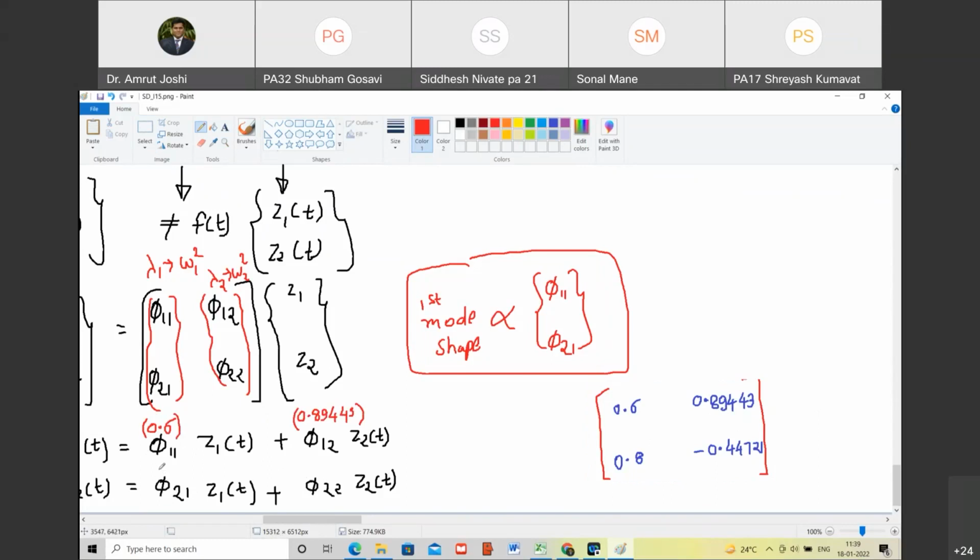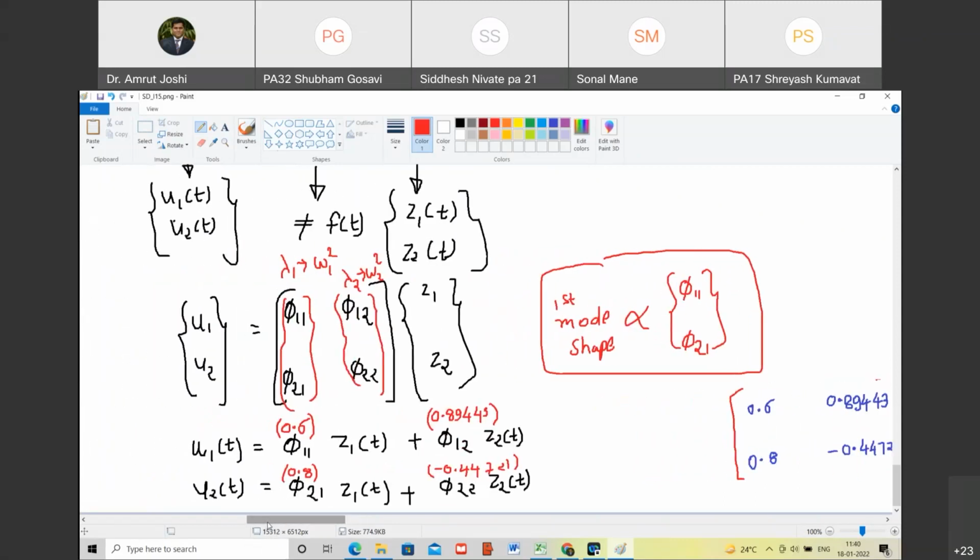Then phi 21, that is 0.8, multiplied by Z1 of t, minus 0.44721 times Z2 of t. Do you agree with me? Yes, sir. Now, you can see that this Z2 of t is going to approach 0 at a faster rate than Z1 of t. Do you agree with me?